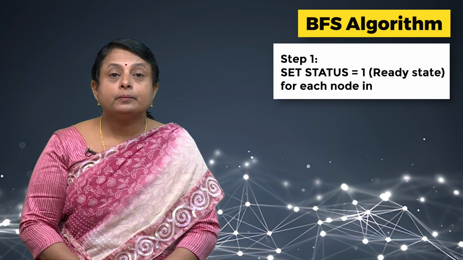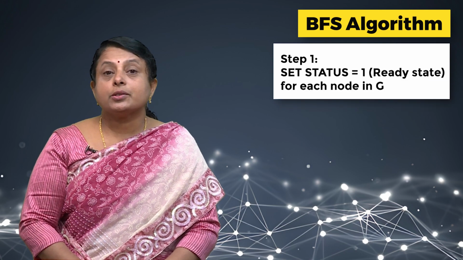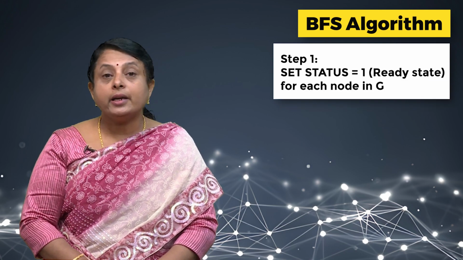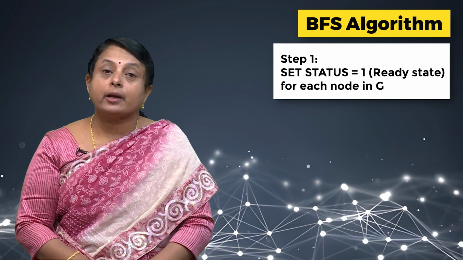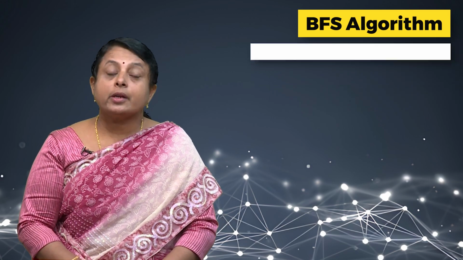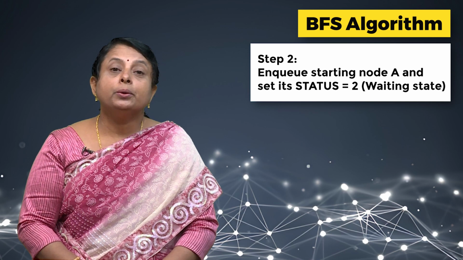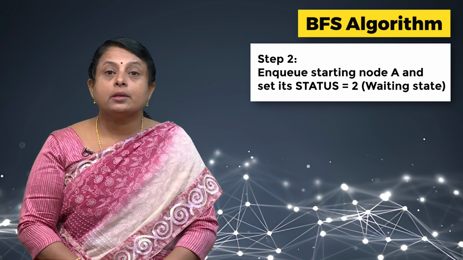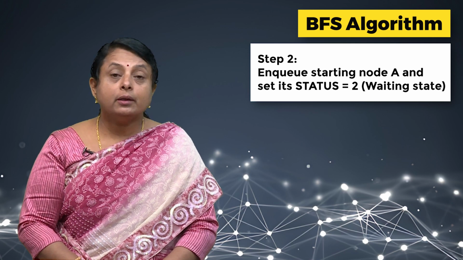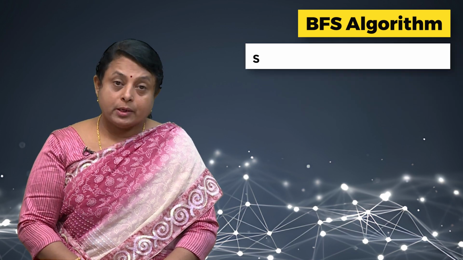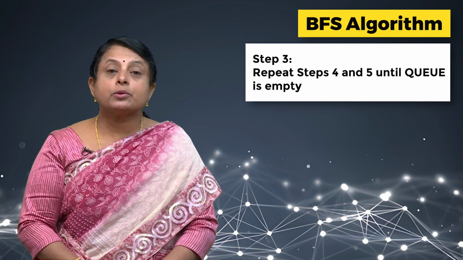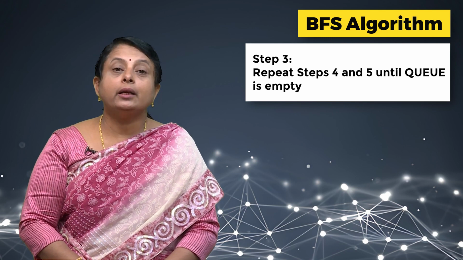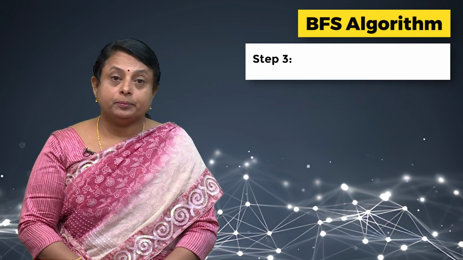Step 1, set status equal to 1, that is ready state, for each node in the graph G. Step 2, NQ the starting node A and set it to status 2, that is the waiting state. Step 3, repeat steps 4 and 5 until Q is empty.